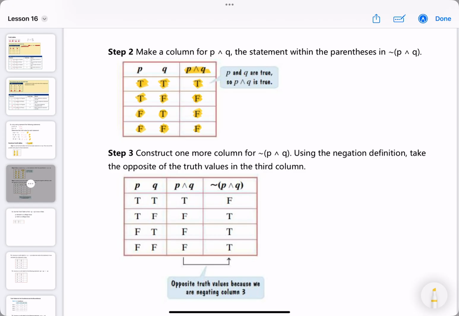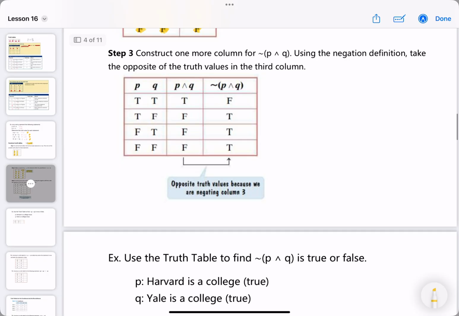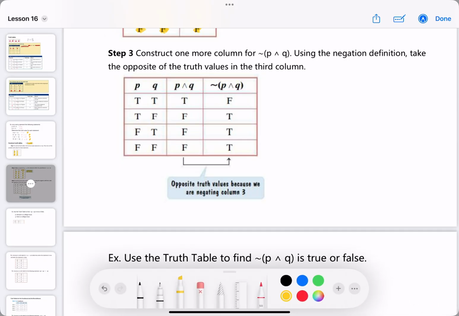Next step is to add the negation. We just negate all of these values, so they become opposite: false, true, true, true. Okay, so we are done. We found the truth table of not (P and Q). It is not true that P and Q.